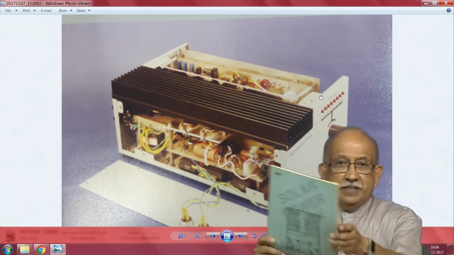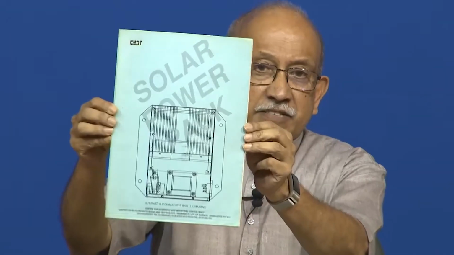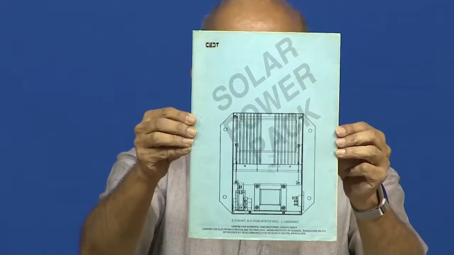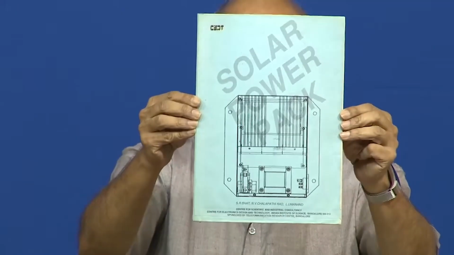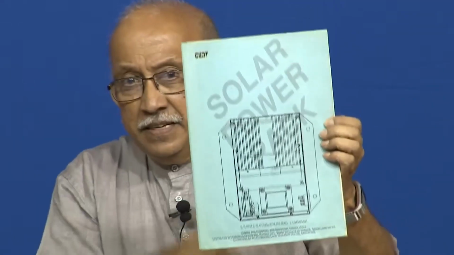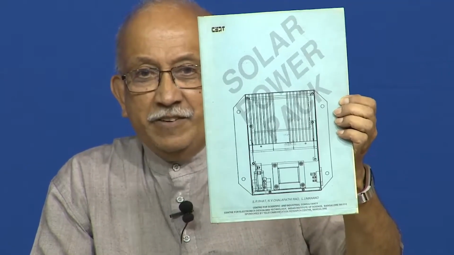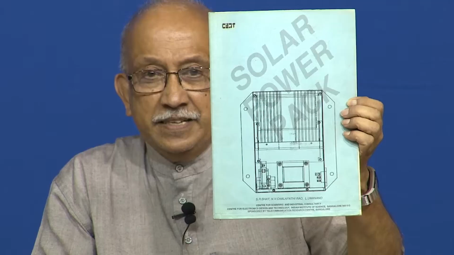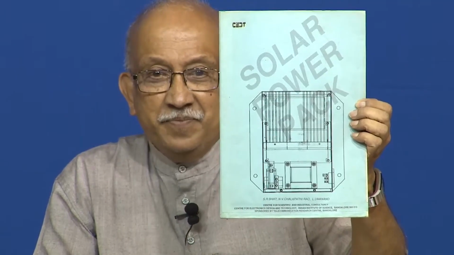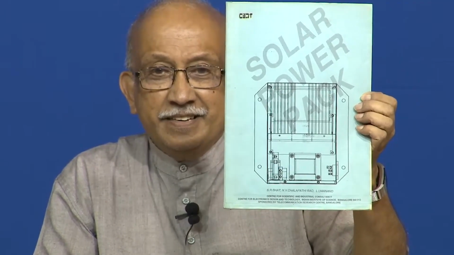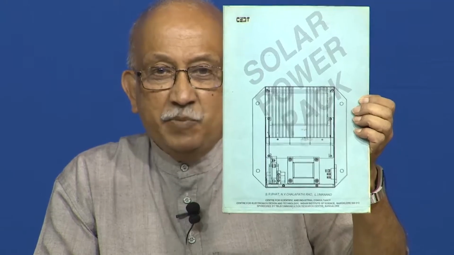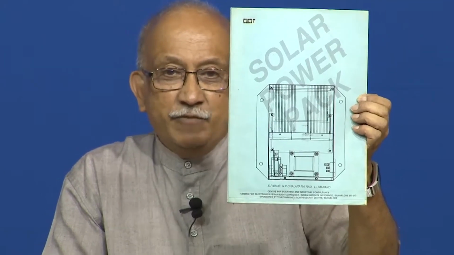Now, this is a solar power pack we had once upon a time done for one of the government departments. This particular thing is an inverter for a small telephone setup.